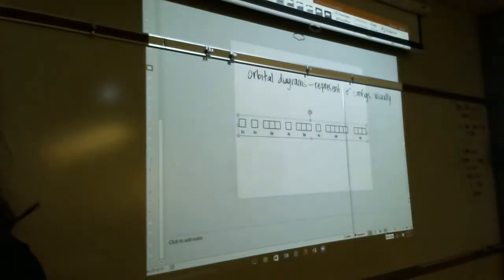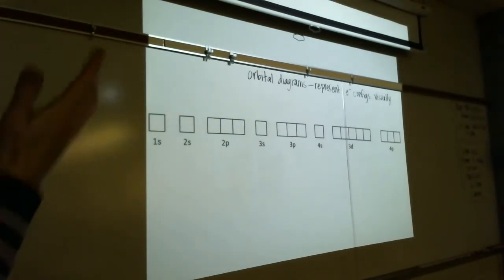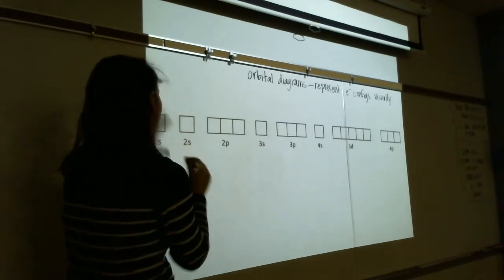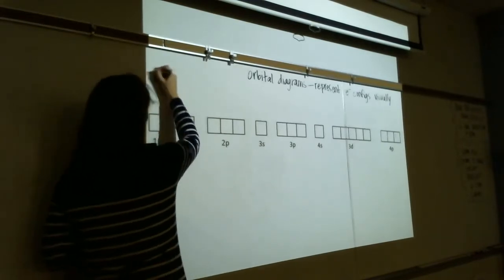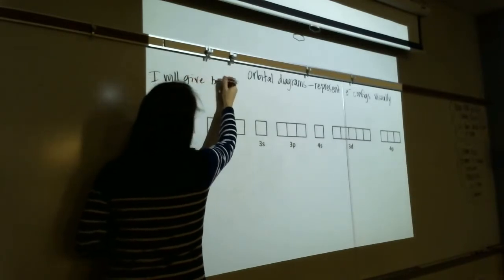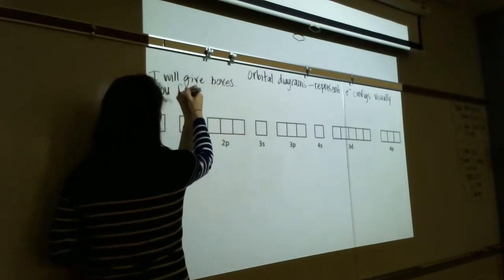So, orbital diagrams just represent electron configurations using a visual method. So I will give you the boxes. You need to fill them.